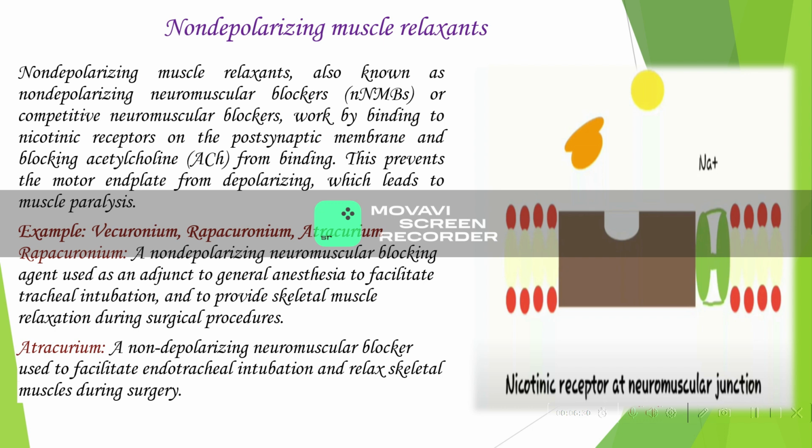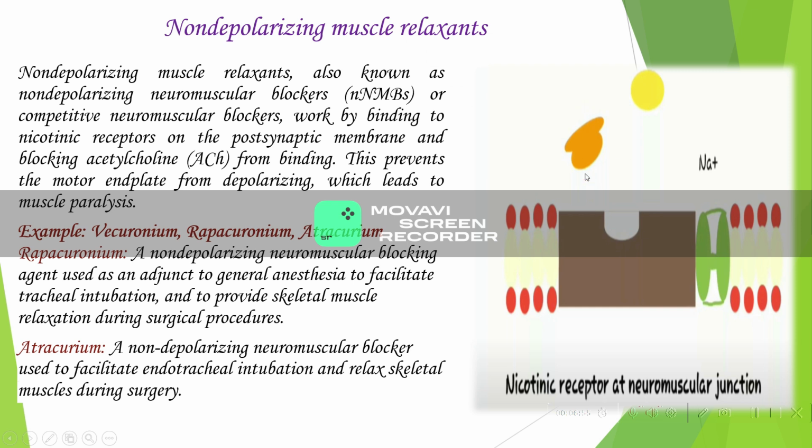Here, the yellow ball is considered as acetylcholine and the orange ball is considered as the neuromuscular blocking agent, and this is the receptor where acetylcholine binds. The neuromuscular blocking agent comes and binds to the receptor, then acetylcholine cannot bind to that particular receptor.